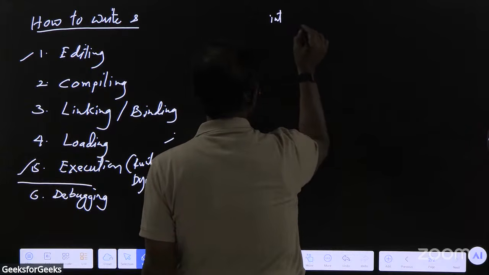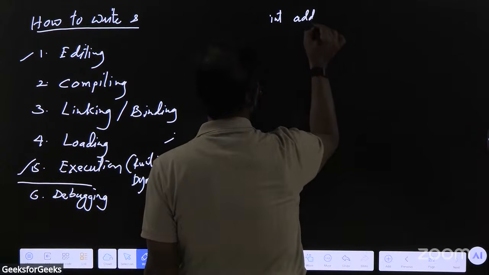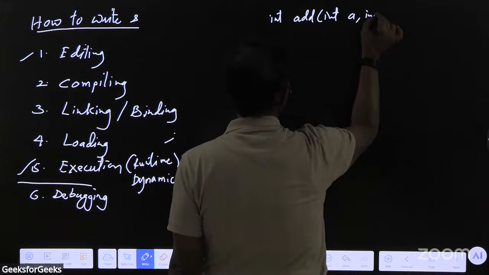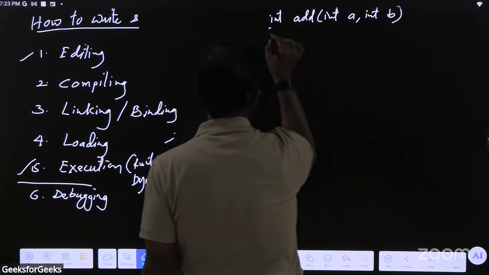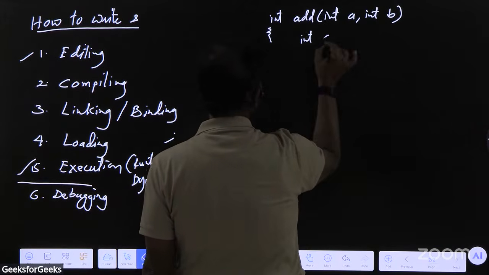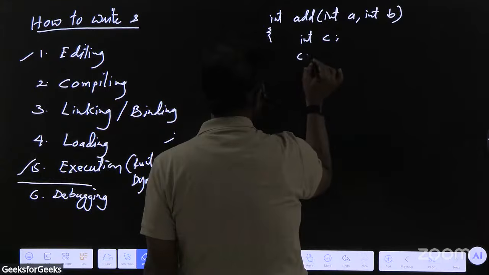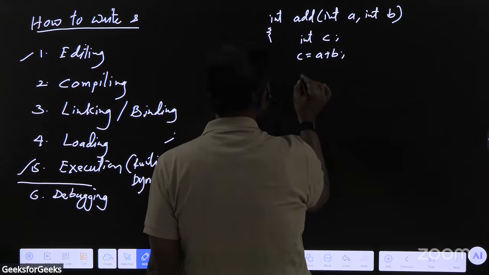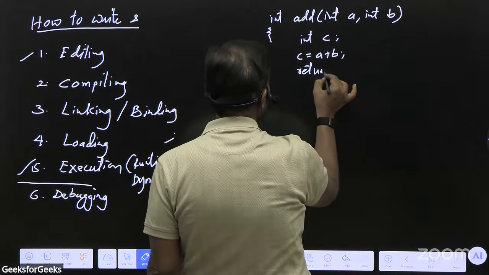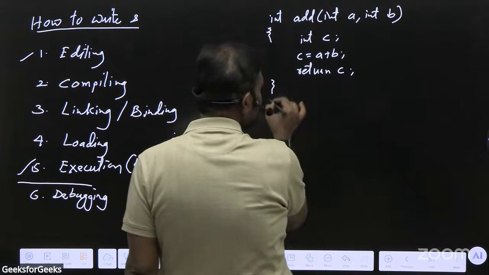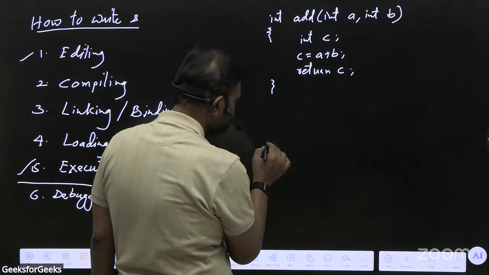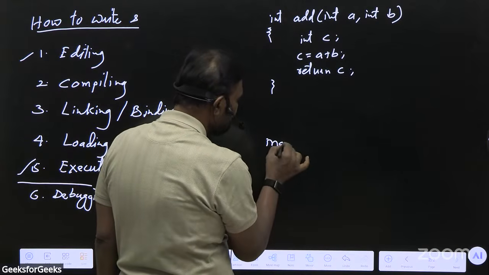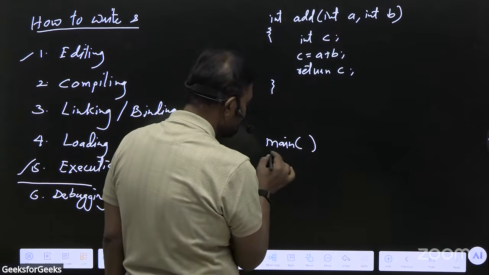Integer add, int a, int b, int c, c assign a plus b, return c. Int main or void main, I'll just say main.